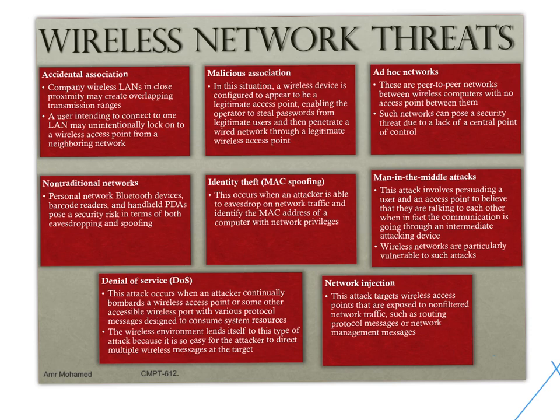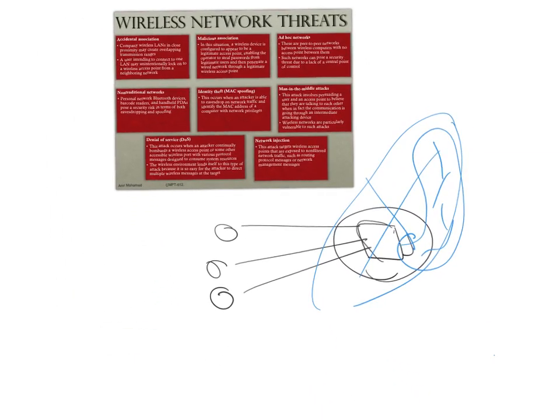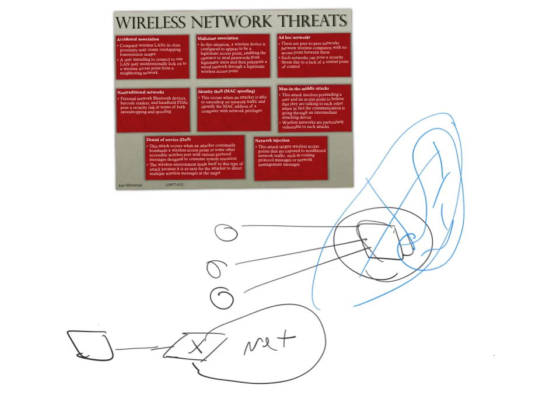So what is network injection? We talked about network access control. Say we have a node, and we're trying to connect this node through an access point or a switch, and this will give us access to a network, right?